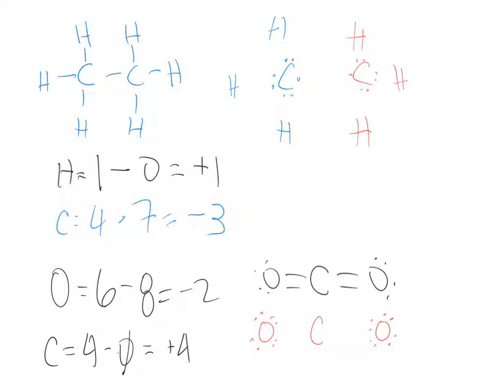Likewise, there's some other shortcuts. I hate saying cheating because it's just a shortcut way of doing this. Hydrogen, unless it's bound to a metal like sodium or boron or something like that, is always a +1 because it's always less electronegative than anything else. Oxygen, unless it's bound to another oxygen, is always a -2. That's why you can figure it out, because oxygen is so electronegative.